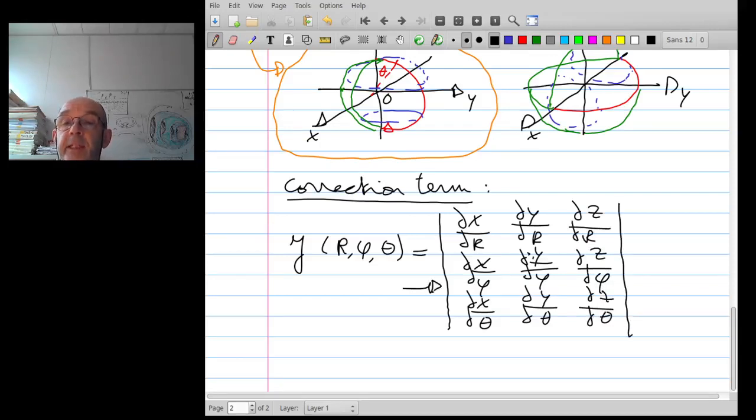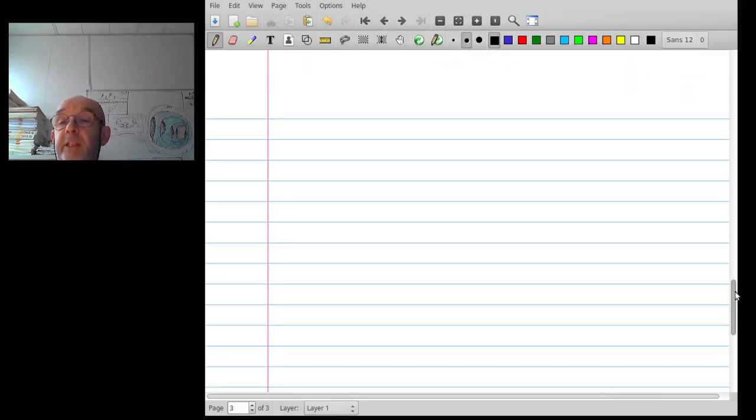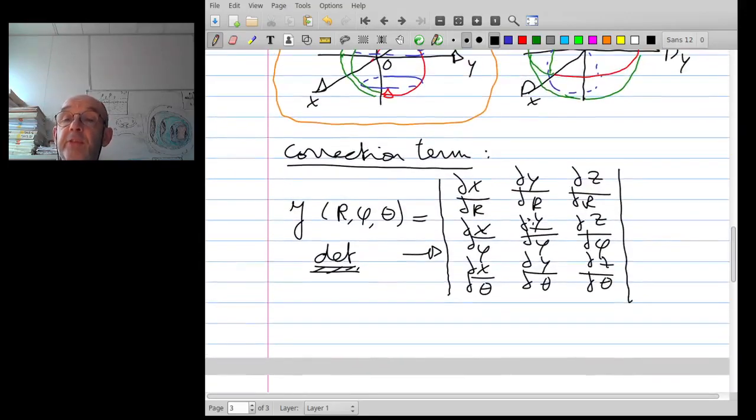And then that is the determinant. If you use it in your integrals, you have to take the absolute value of the determinant.